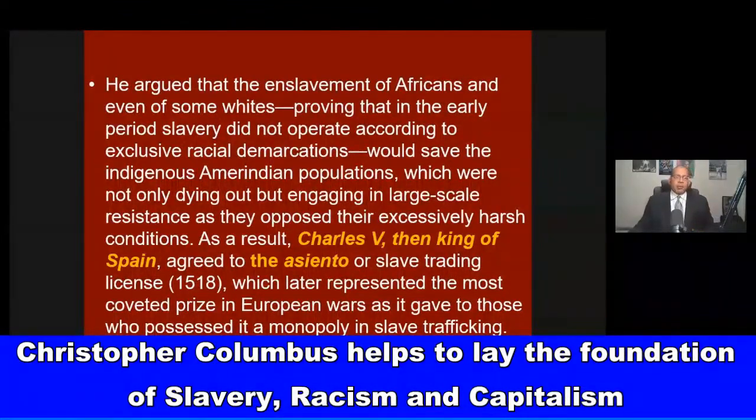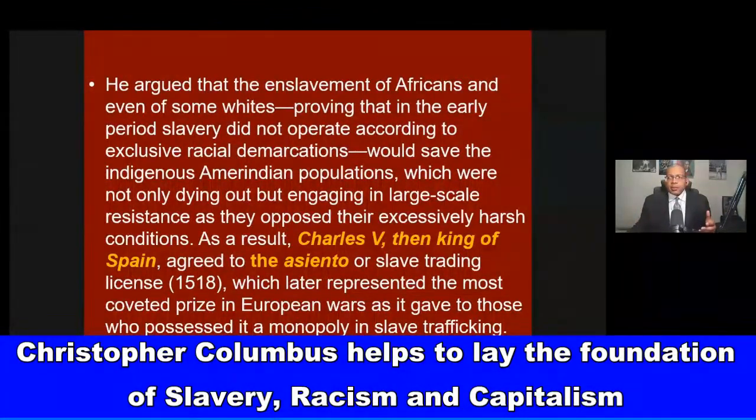He argued that the enslavement of Africans and even some whites, proving that in the early period, slavery did not operate according to exclusive racial demarcations, would save the indigenous American Indian populations, which were not only dying out, but engaging in large-scale resistance as they opposed their excessively harsh conditions.